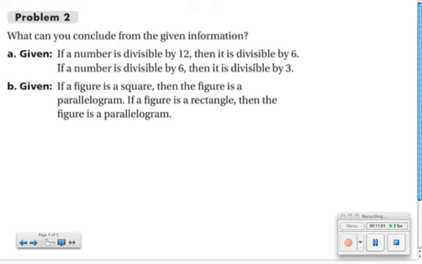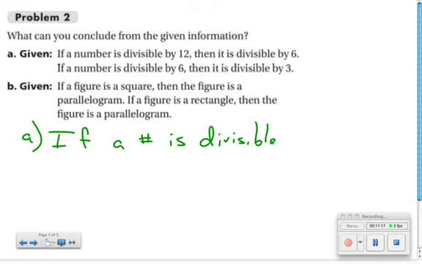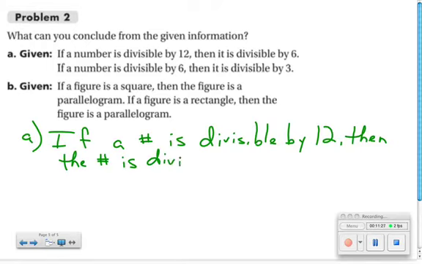You're switching it around. Be very careful. Catherine. If the number is divisible by 12, then it is divisible by 3. Yes, that is the conclusion. If a number is divisible by 12, then the number is divisible by 3.